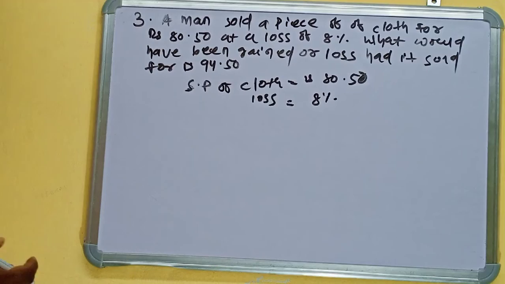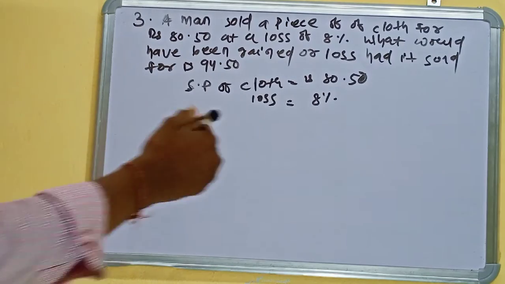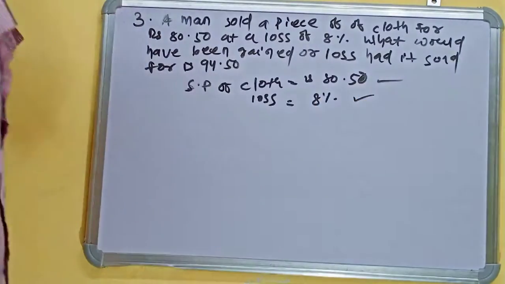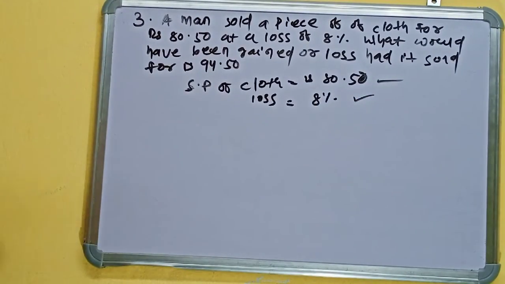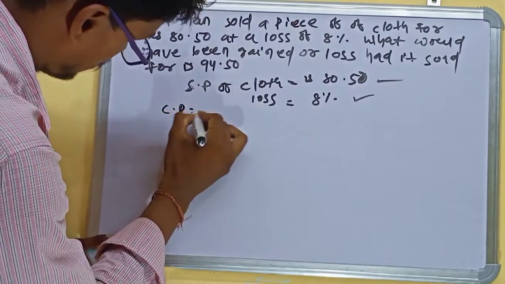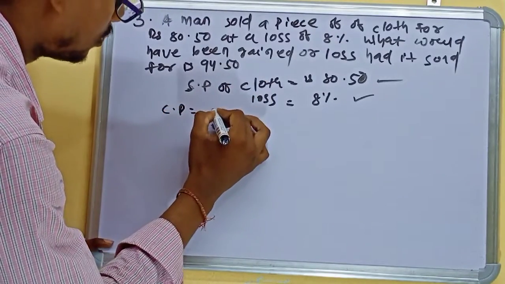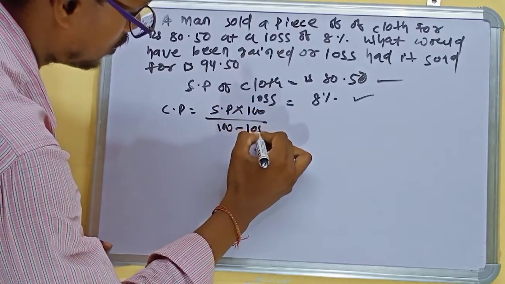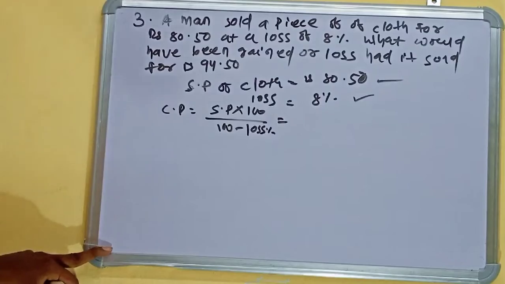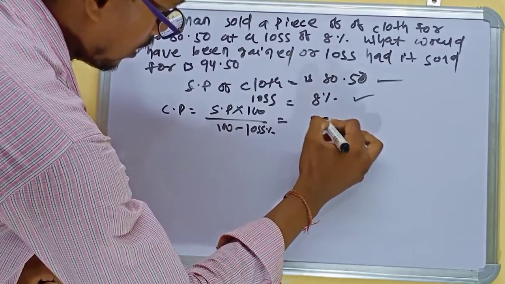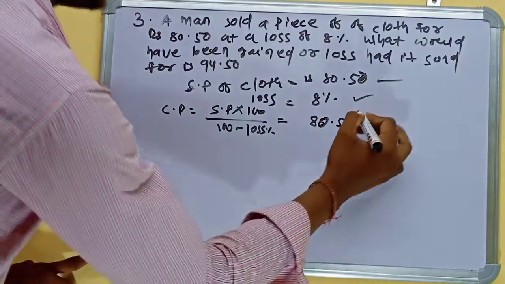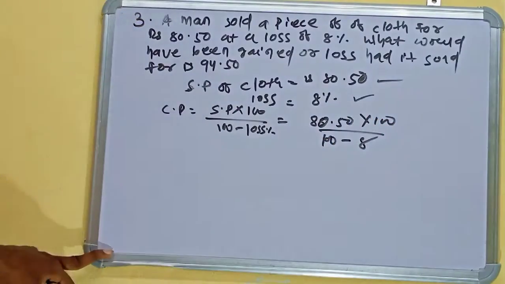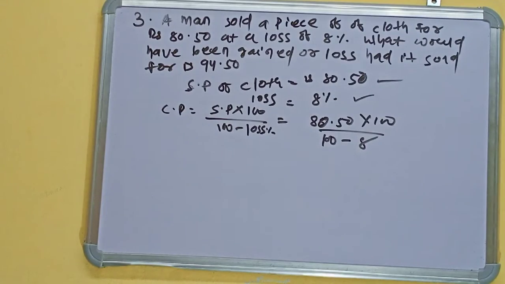A man sold a piece for 80.50 and faces a loss of 8%. Then CP of the cloth is equal to SP into 100 divided by 100 minus loss percentage. SP 80.50 into 100 divided by 100 minus 8.